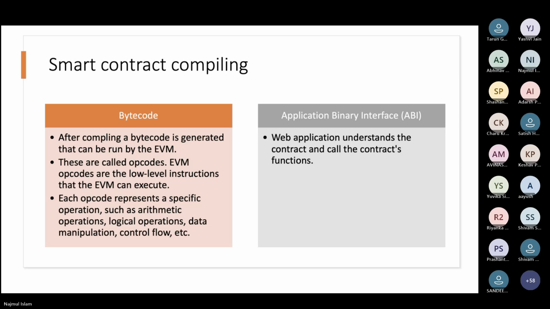In the EVM, after you compile the smart contract, a bytecode is generated that can be run by the EVM. And bytecodes are also called opcodes. As I mentioned earlier, they are low-level instructions that the Ethereum virtual machine can execute.